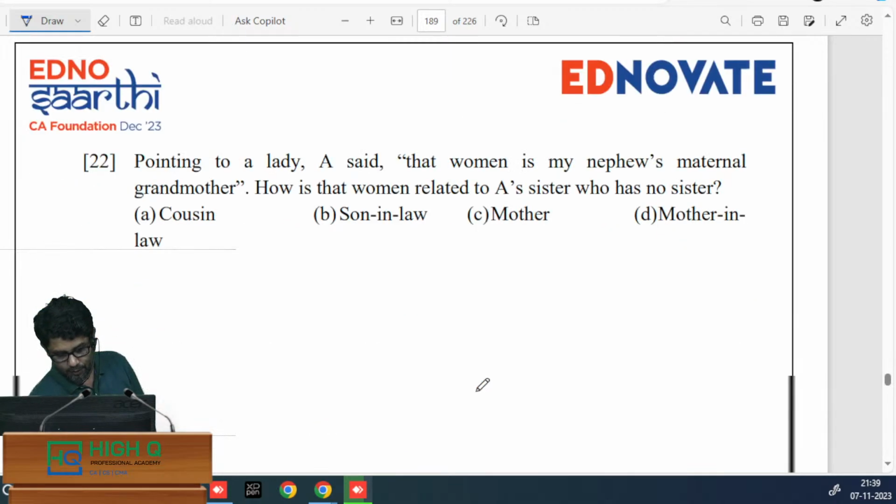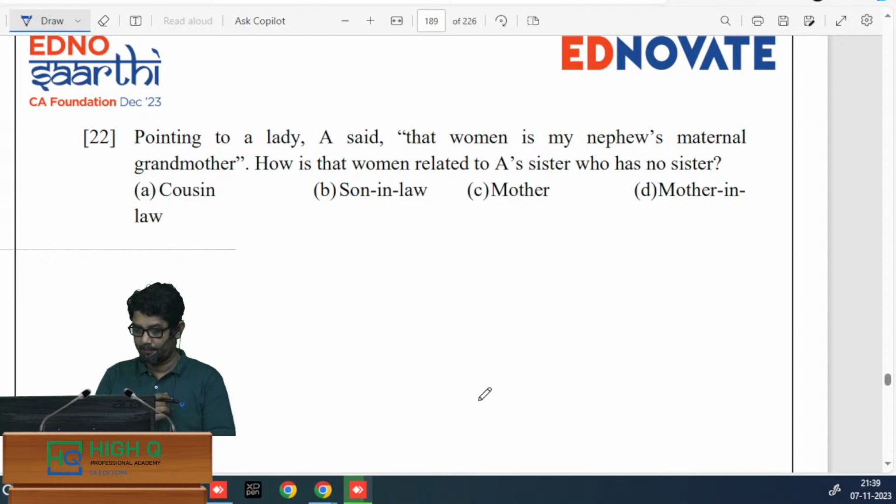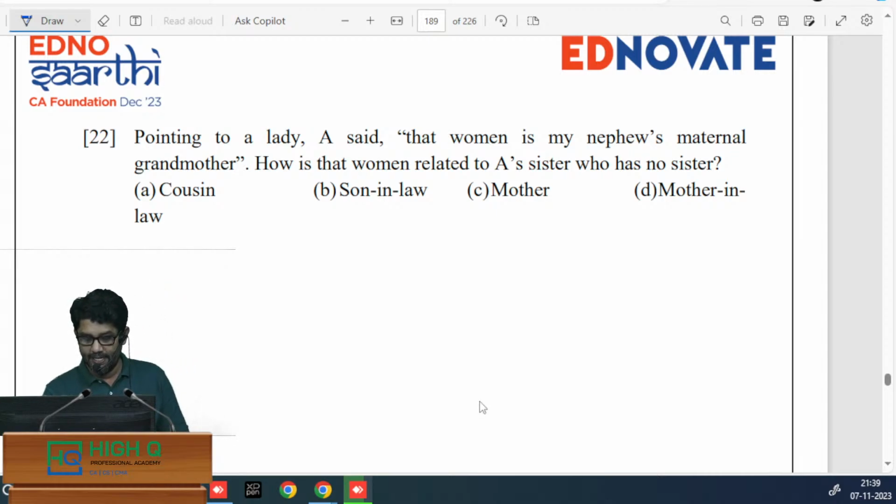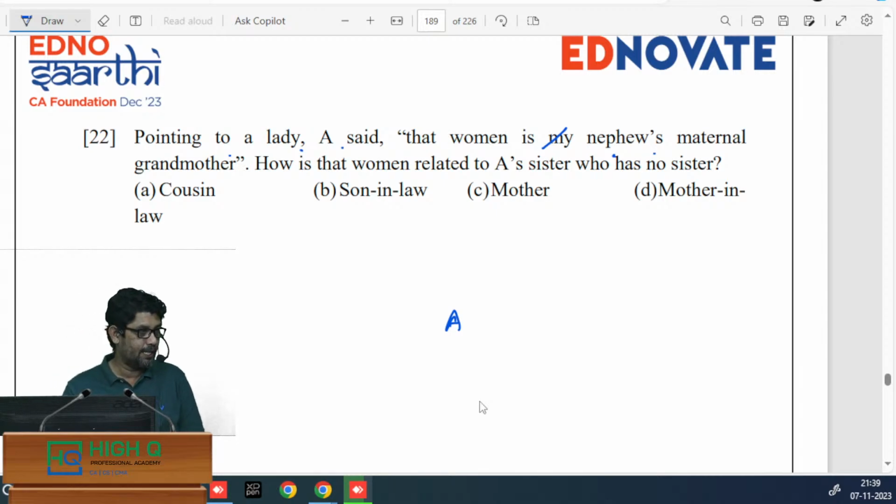Conversation type only. Most of the questions in the exam are going to be conversation type. Get ready for that. Pointing to a lady, Ye said, that woman is my nephew's maternal grandmother. So Ye has got a nephew. Ye has got a brother or sister.